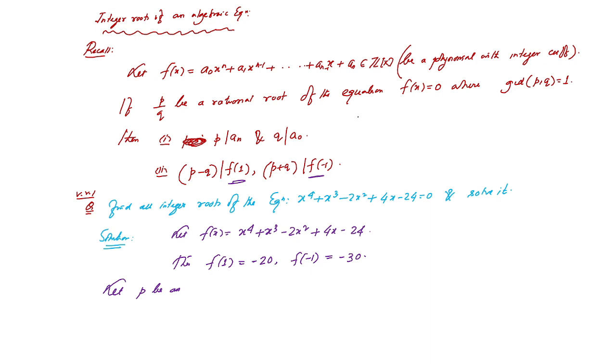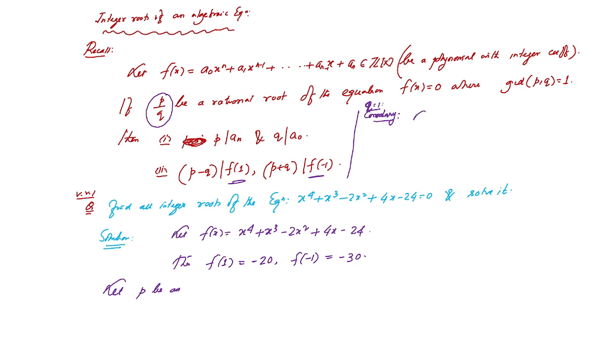Before that we need to write one corollary. This is also important. If q equals 1, then p over q is a rational root, but if you take q equals 1, p will be the integer root. So take q equals 1, because we need to find the integer root.